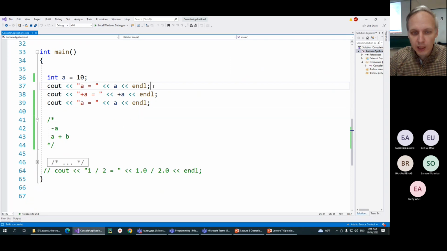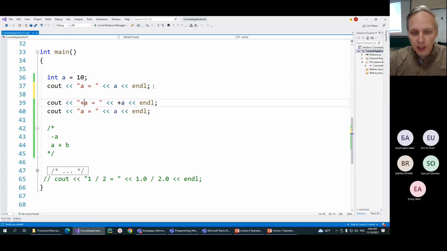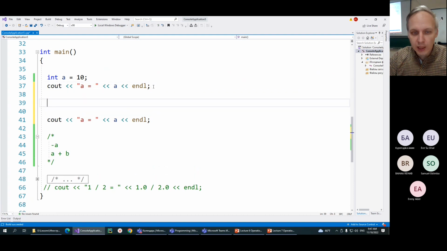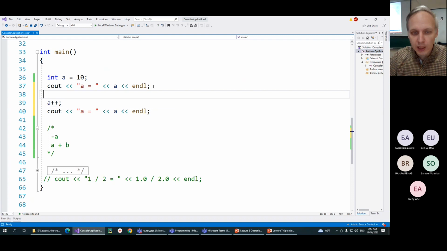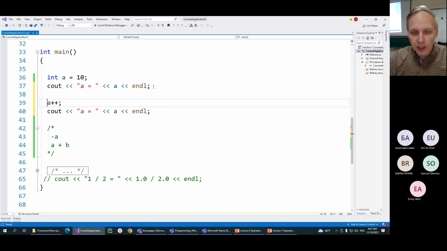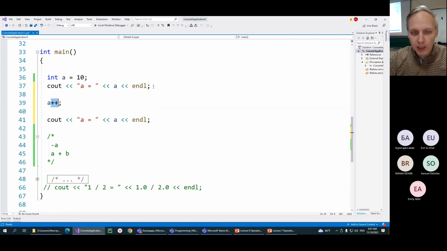Let me show you examples. Well, A++. Operation plus plus is not two pluses, but one operation that is denoted with two pluses.